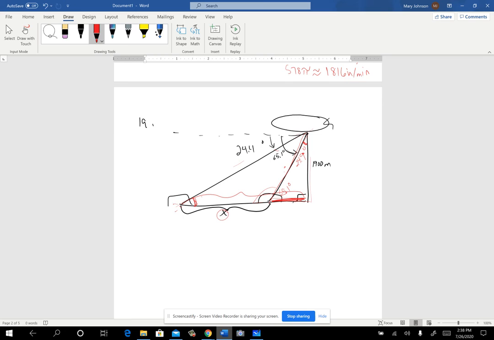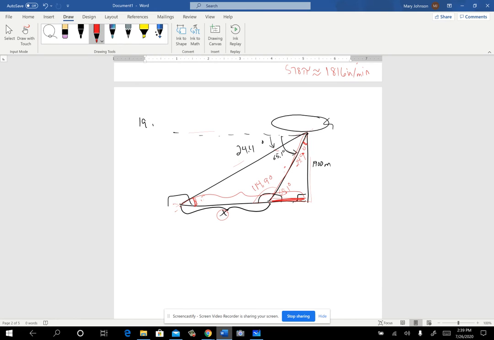Sometimes I just go ahead and do what I think, though we may not need it all. So let me go ahead and subtract 65.1 from 180. That tells me right here I'm going to have 114.9 degrees. And then I could work on figuring out the next thing. I actually know this is 24.4 because of alternate interior angles.